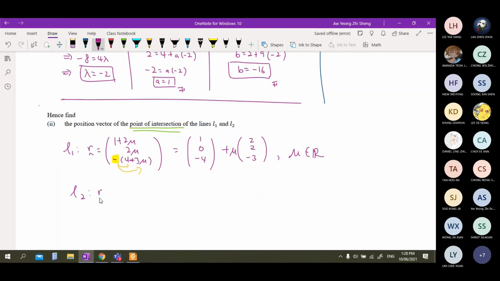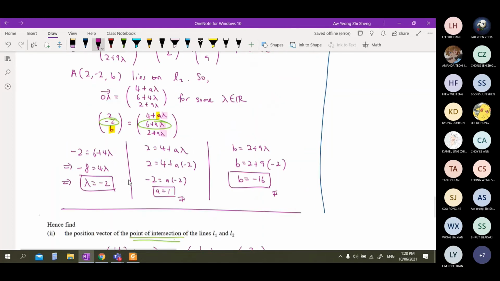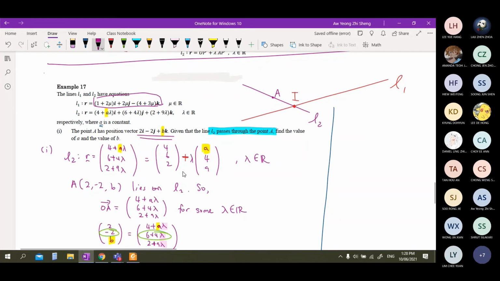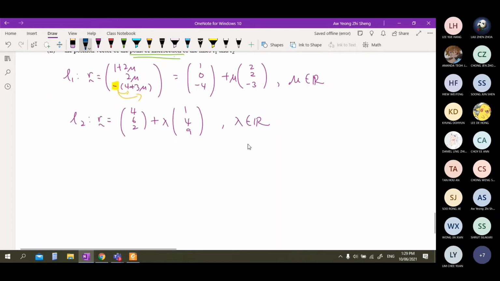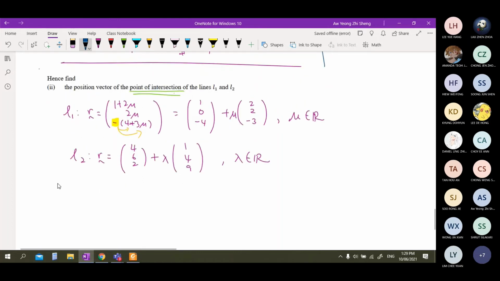Okay, L2, I choose to just rewrite it. Earlier we already have it as (4, 6, 2) plus lambda times A, but then we already have A. A is (1, 4, 9). So I have (1, 4, 9). Now let's introduce I as the intersection point.